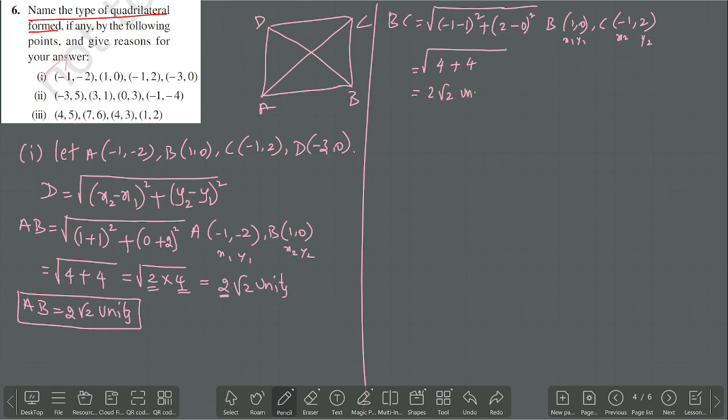Again, no need to show the full steps; we have already shown them in the first one, AB. Right, BC we got it. After BC, we come to CD.